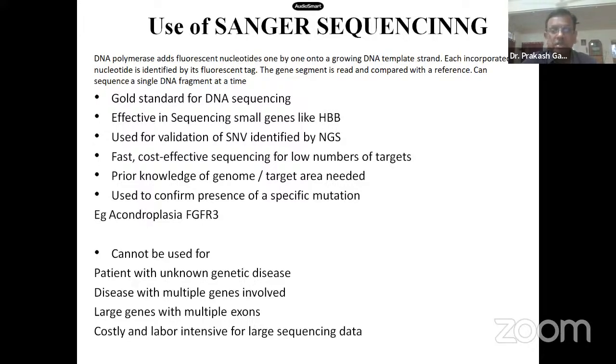But whenever we want to go in for sequencing of a big gene like dystrophin or, say, our NF1 gene, which is the neurofibromatosis gene, then sometimes we resort to the exome sequencing technique. And whenever we want to have a look at a particular group of genes which cause a similar phenotype, for example, epidermolysis bullosa is a group of disorders with multiple responsible genes, so we want to study one set of genes which can produce the same phenotype, then what we use is exome sequencing.